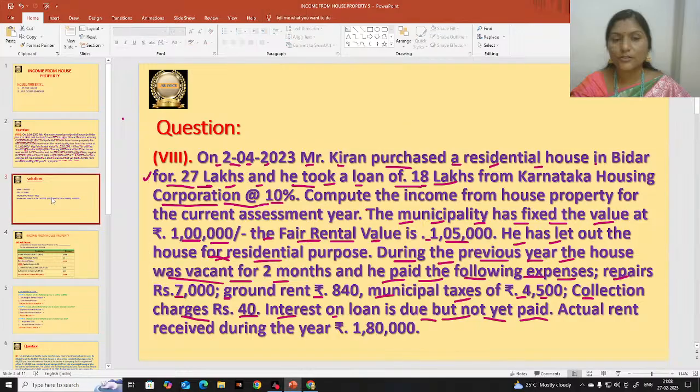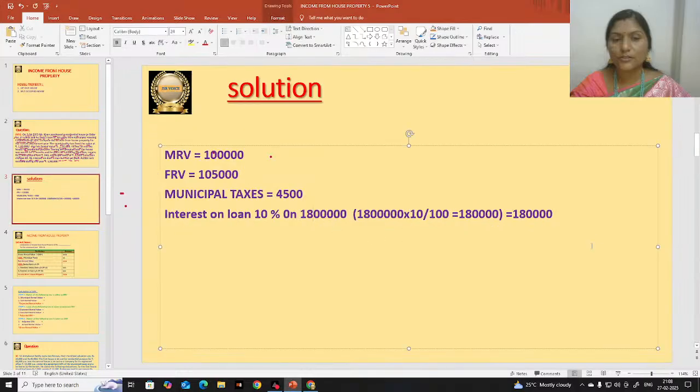Let us go and record that. ARV actually is how much? It is 1,80,000 given in the question, but that is for 10 months. We should take for 12 months. How to calculate? 1,80,000 into 12, divided by 10. You multiply by the number of months you require.